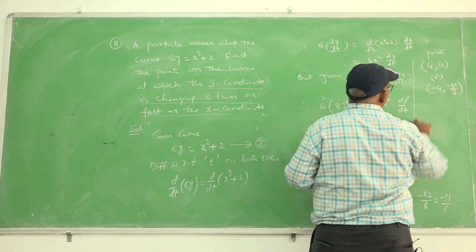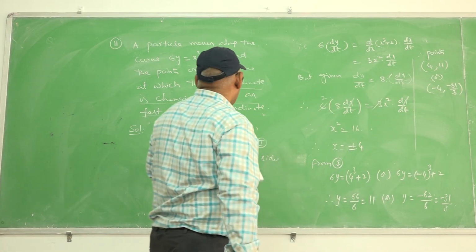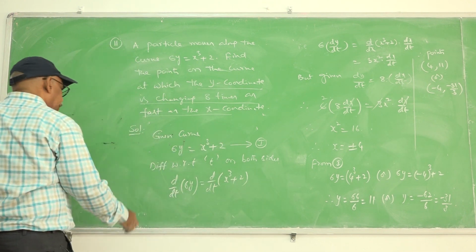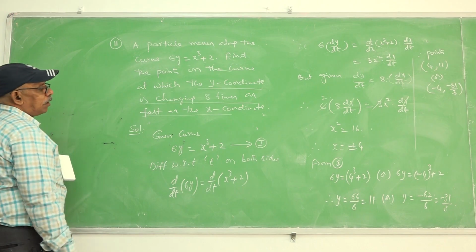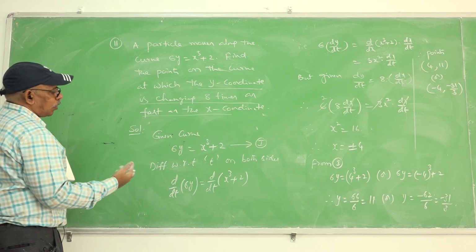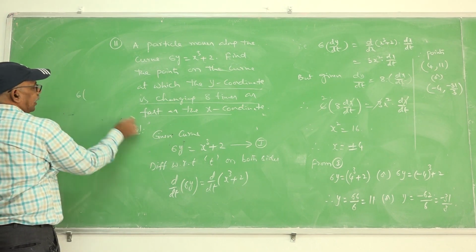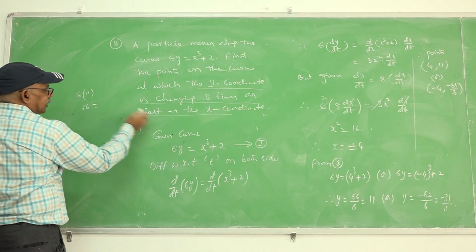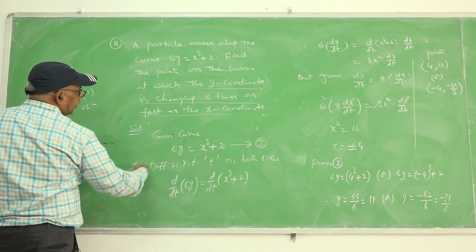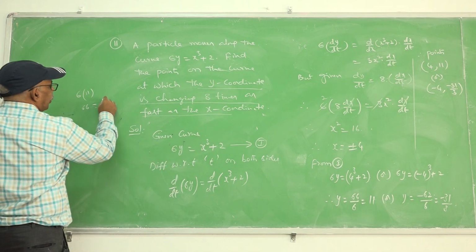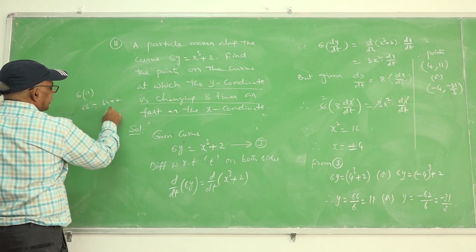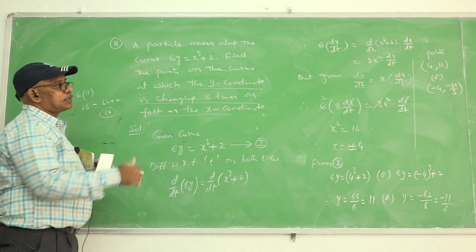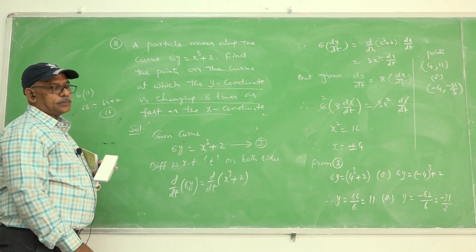Observe whether the point 4 comma 11 satisfies 1 or not. Taking y as 11, the LHS value is 66. Correspondingly taking x equal to 4, we get 4 cube, 64 plus 2, 66. So clearly the point 4 comma 11 lies on the curve. Similarly, you can observe the other point also.